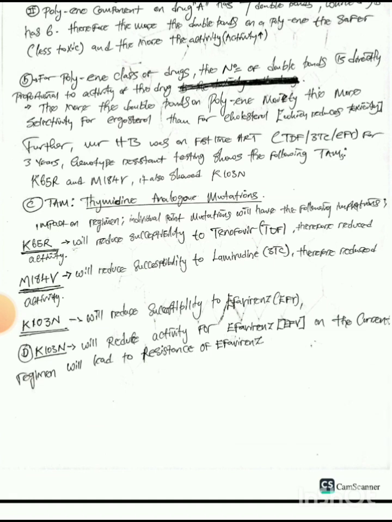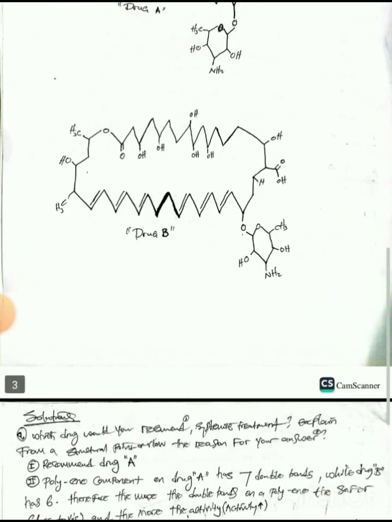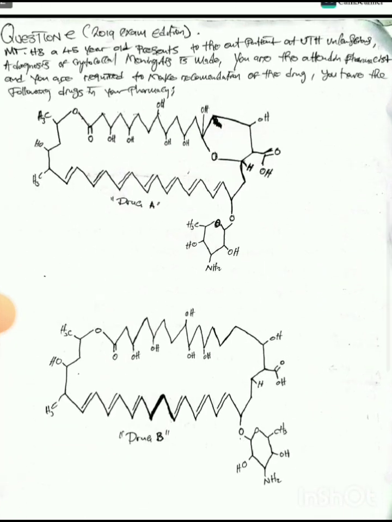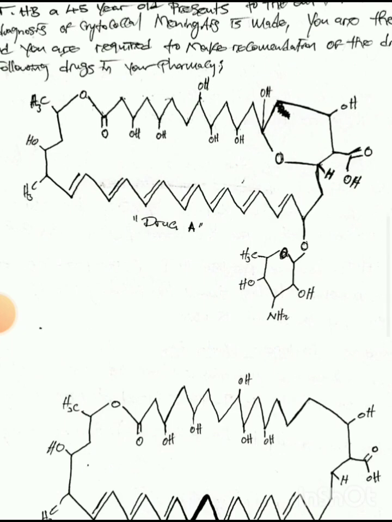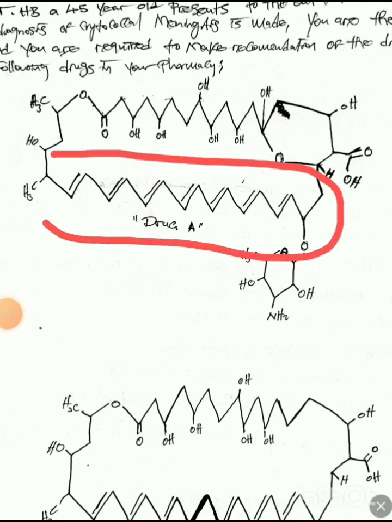So using the structure-activity relationship, why did we choose drug A? For the polyene class of drugs, where drug A and drug B belong, the polyene component, which is the long chain of double-bonded carbon-carbon, has a number of double bonds, and this number of double bonds is directly proportional to the safety and the activity of the drug.